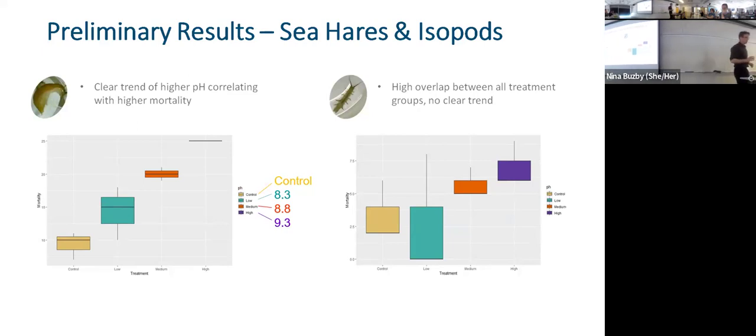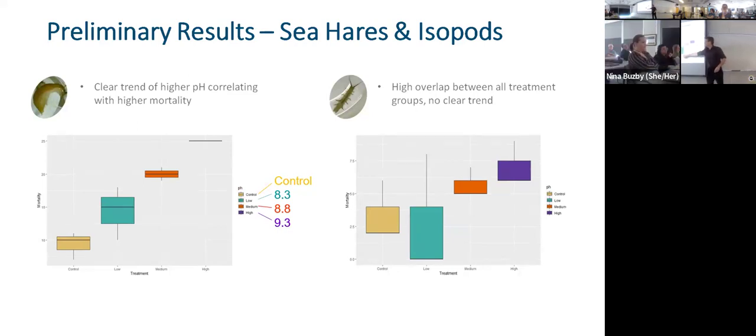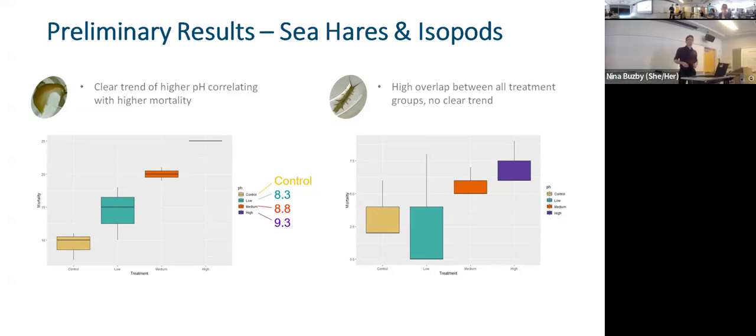But this is a plot of mortality. And in each of these treatments, going from the left, we have control, low pH or low impact, I guess, low alkalinity addition, medium, so 8.3, 8.8, 9.3. On the figure on the left, we have the sea hares, and they showed pretty clear evidence of increased mortality at the extreme conditions, right where you're releasing that base.